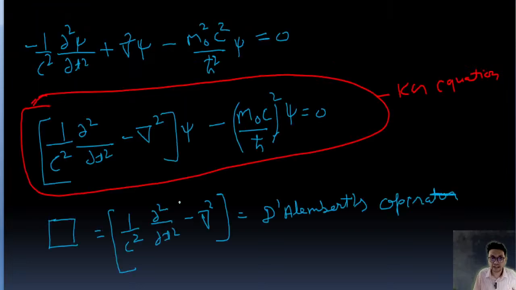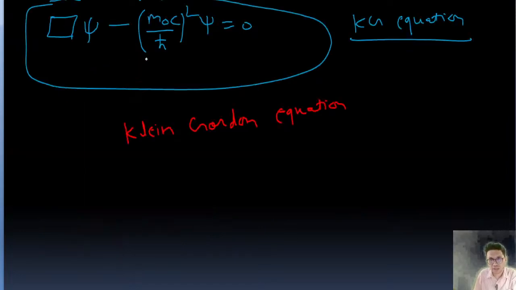This is not D'Alembert, guys, this is D'Alembert operator. So we can write the Klein-Gordon equation like this: D'Alembert operator psi minus m naught c upon h cut whole square psi.